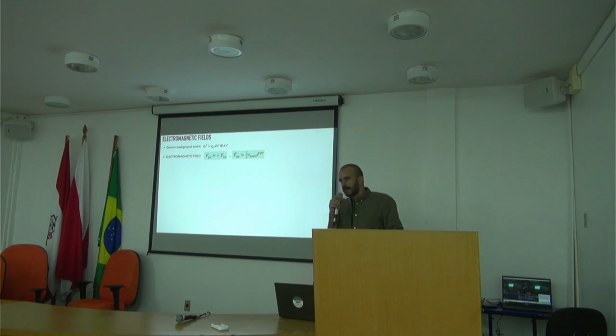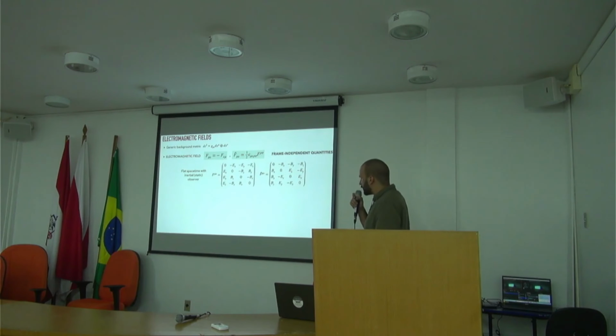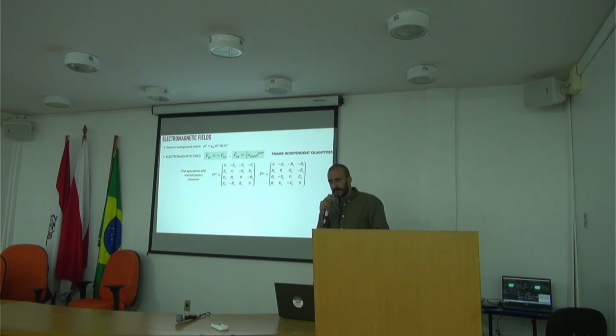So an electromagnetic field is the true entity, which is a frame-independent quantity in relativity. It's always represented by a rank 2 antisymmetric tensor. By means of Hodge dualization, which is this contraction with the Levi-Civita tensor, we can always construct a dual field.